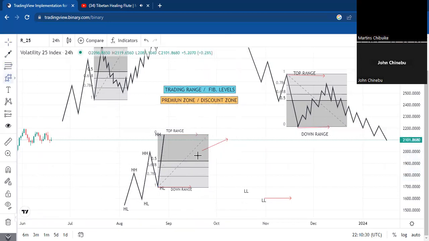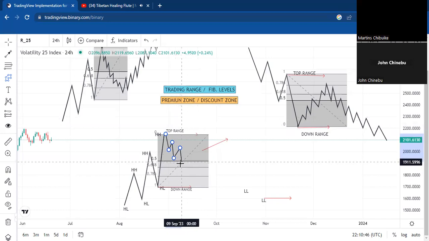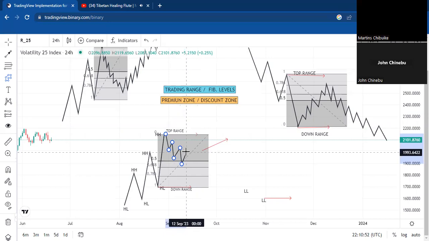So let's start drawing our lower lows. The market is going to start giving you lower low, lower high, lower low, lower high. If this market stops here and starts going up, don't buy it. That means the market will not give you discounts. Leave the market to go. So the market will start giving you lower lows. Touch your 50%. Once you touch your 50%, be agile to start buying. Lower low, lower high, lower low, lower high.